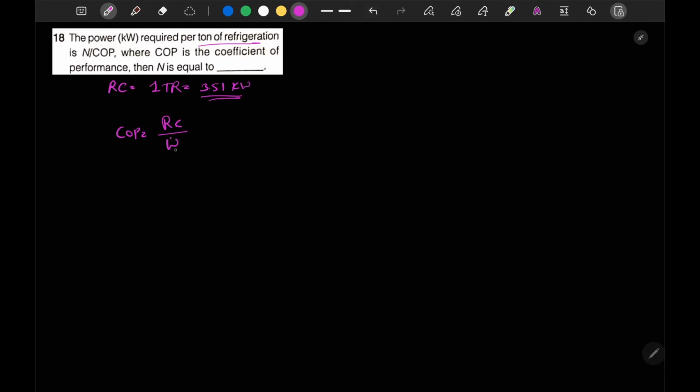If we want to calculate work input, we can write it as 3.51 kilowatt divided by COP. So from here we can say that the N value should be 3.51. I hope you understood this problem.